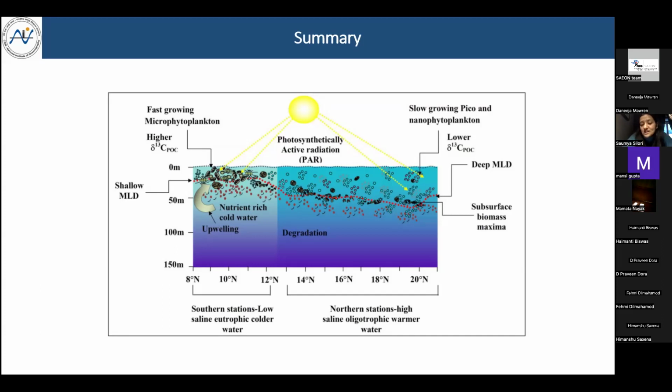So if we would just assign these low values that we see in the north to terrestrial organic matter, that would not be correct. So before utilizing this as a tool for delineating the sources of organic material, we need to know how the local organic material varies. Otherwise, we would be making a lot of mistakes with this.